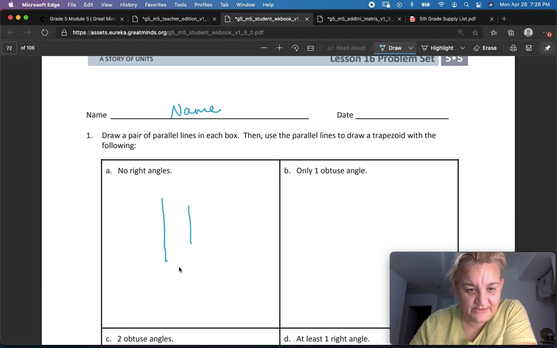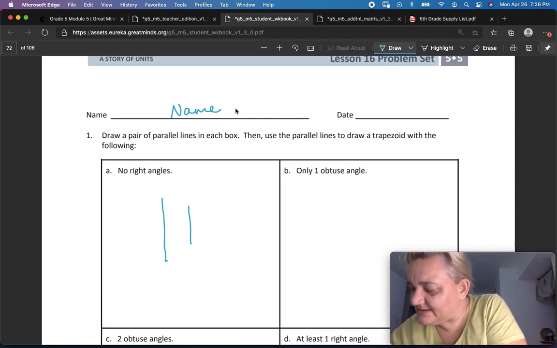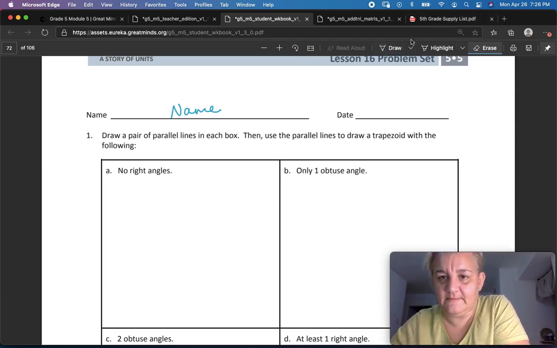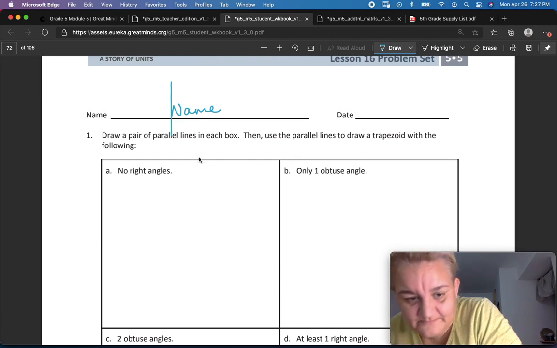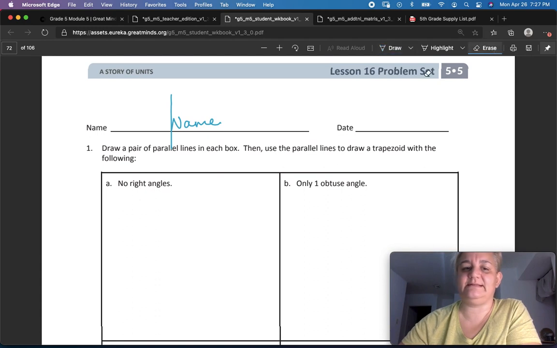I don't have a ruler on my writing pad here, although I do have little dots. I suppose I could do a little bit better job. Let me try. Okay, let's see. So here's a parallel line, and here's a parallel line. Ooh, could you see that? Oh, I definitely do need to make sure that I stay inside the box though, huh? Okay, let me try one more time.